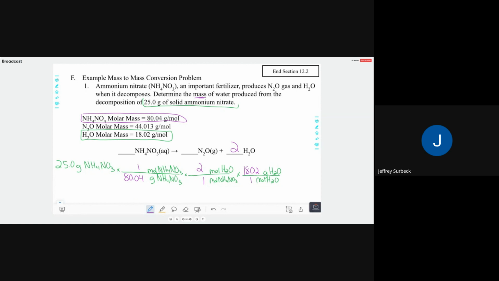Last thing that I do is I multiply by 18.02, and we round to 1 decimal in this case. What is our mass of water? Yep, 11.3 grams of our H2O. Okay. Questions? All right.